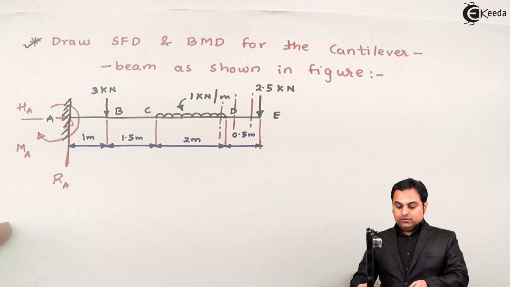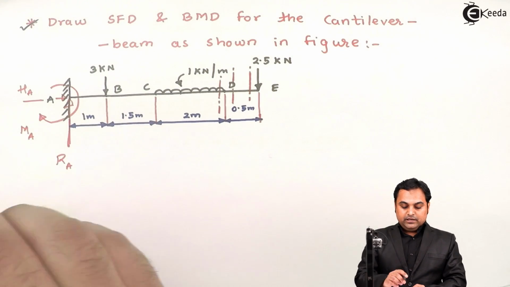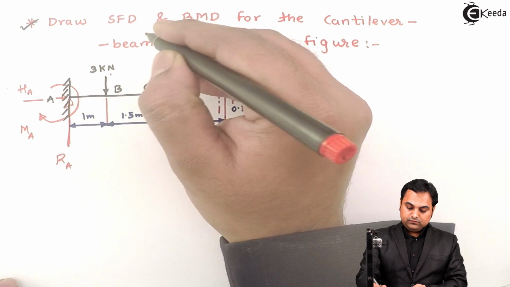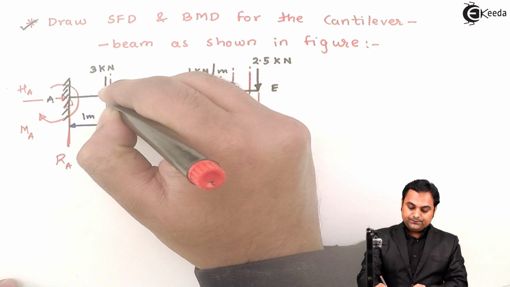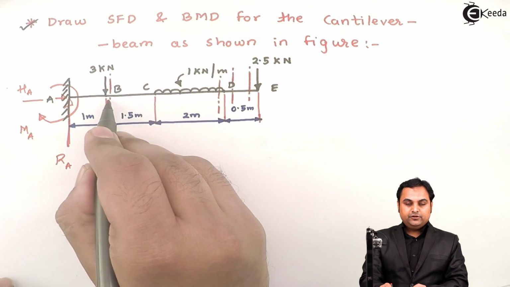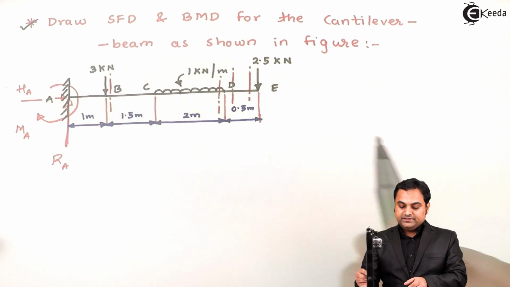Then this value of shear force will remain constant from C to B, up till I can say that to the right of B this value will be constant, because to the right of B there are no load present.